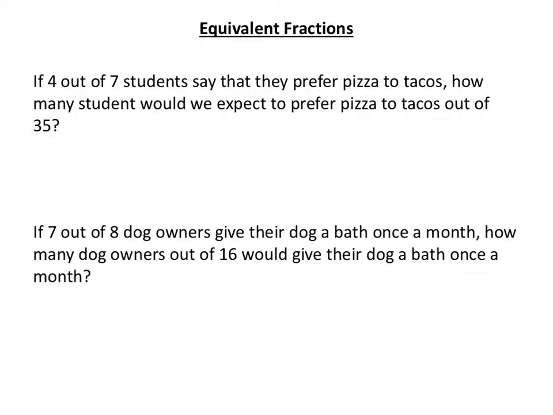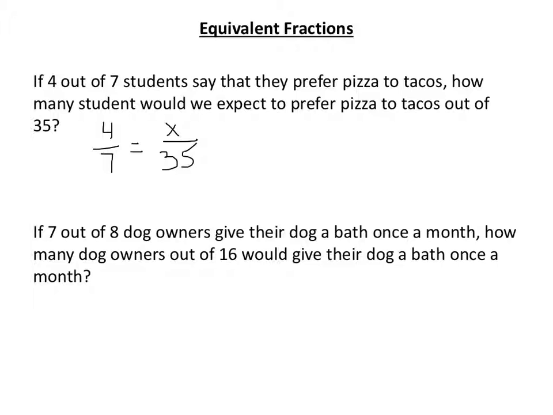Let's look at a couple of different examples where we're doing equivalent fractions. If 4 out of 7 students say that they prefer pizza to tacos, how many students would we expect to prefer pizza to tacos out of 35? So if 4 out of 7 say they prefer pizza, we want to know how many, x, out of 35. And with proportions, we always want to keep it consistent.